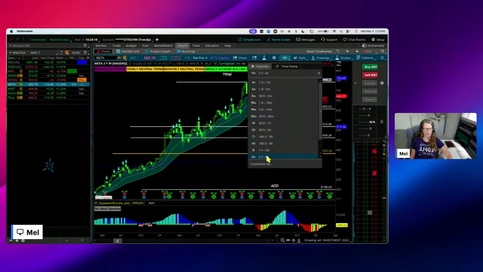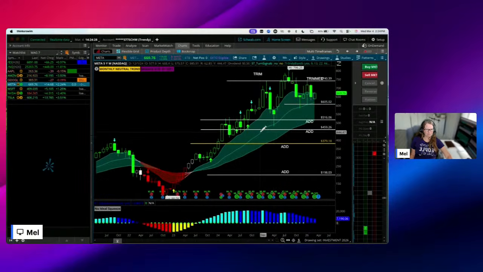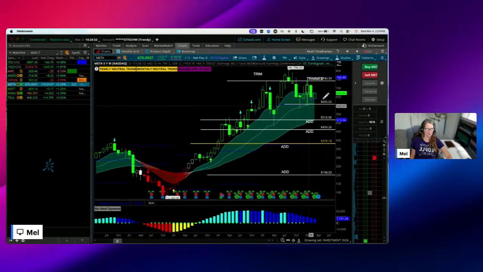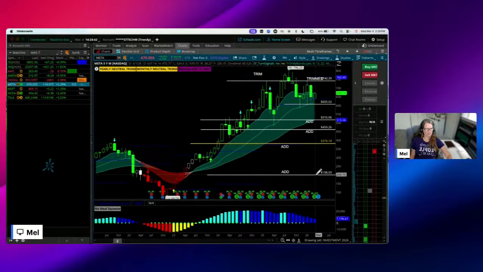I will say that we bought the dip on Meta at 605 this year, and it's done well, right? My trim is still up here, another $100, but we did buy this dip at 605, and Meta is doing well. I would add to Meta at 516 and 460, 379, even 198.